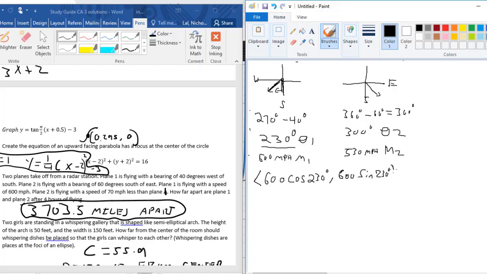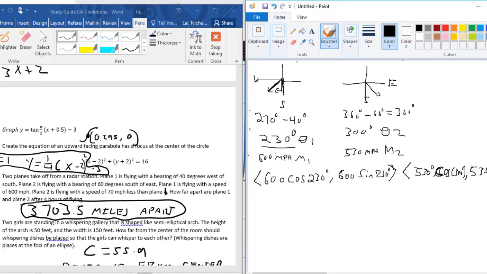That's the component form of plane 1. The component form of plane 2 is 530 times the cosine of 300, comma, 530 times the sine of 300.